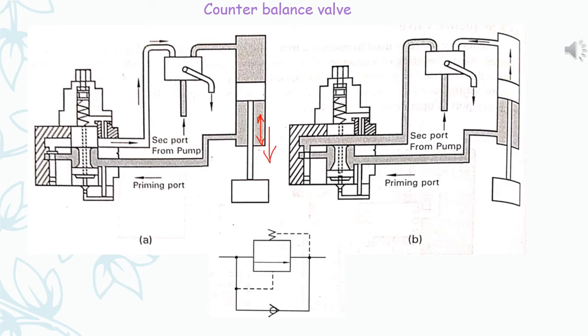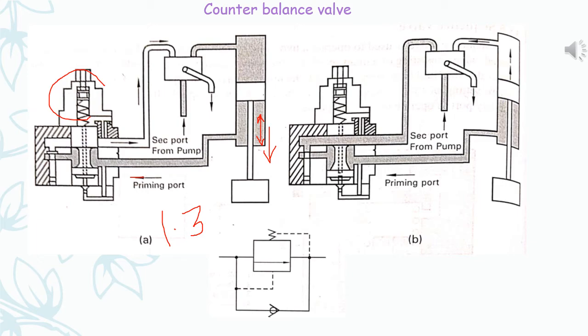The primary port of the valve is connected to the lower cylinder port, while the secondary port is connected to the direction control valve. The pressure setting of the counterbalance valve is slightly higher than the pressure necessary to prevent the load from falling. As I told you, it is around 30% more than the pressure necessary to prevent the load from falling.